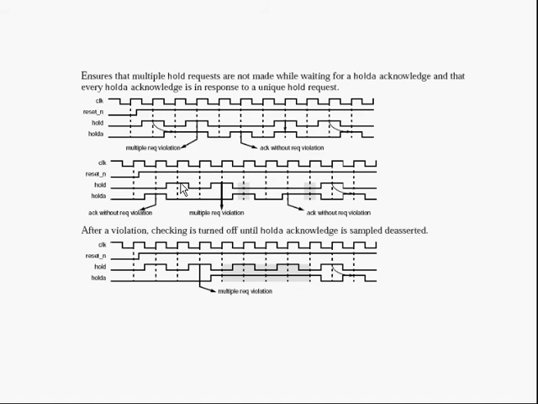Then for this request we have not yet received any acknowledgement, but before that itself it has started to give the second request, so that's why it is a violation. And then here also, without any request it is giving acknowledgement, so violation.